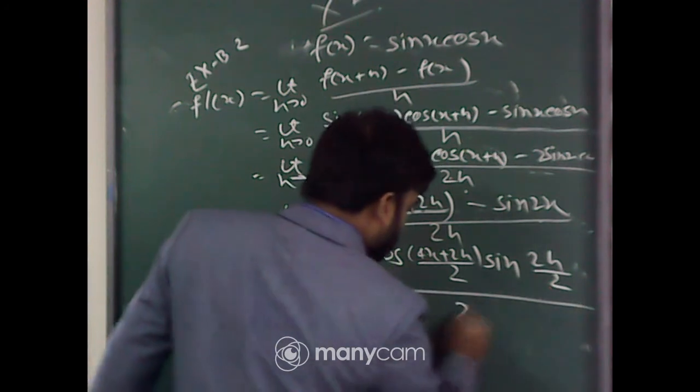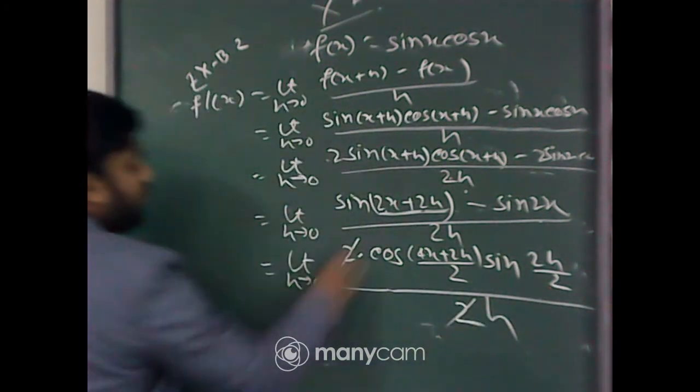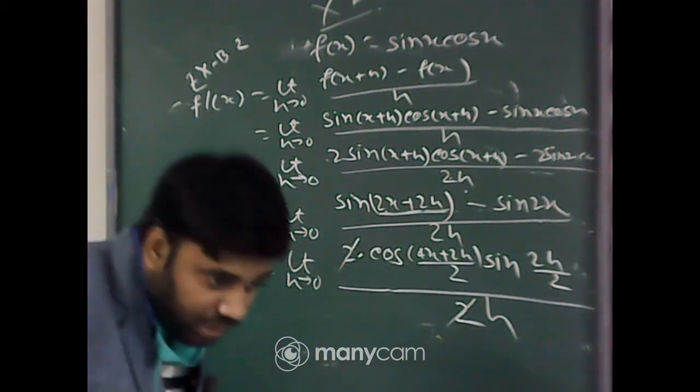Here also 2 and h. These 2 and these 2 are removed.